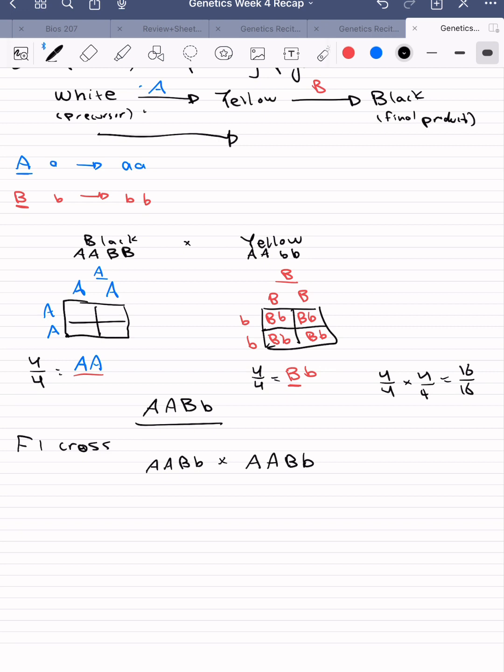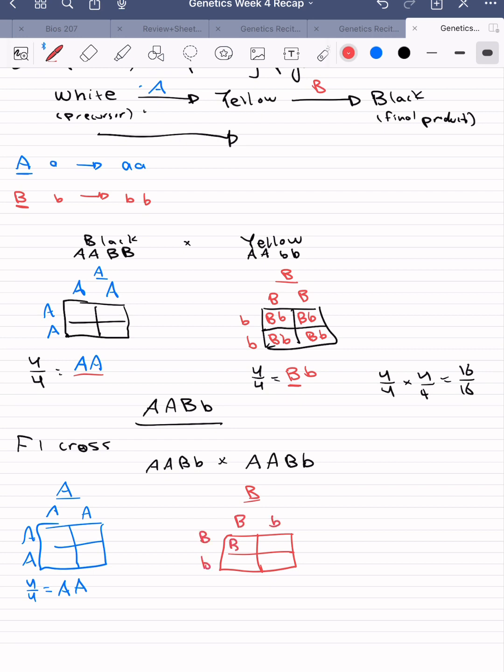So we're going to do the same. We're going to make a Punnett square for each of the genes. We're going to do a cross. So they're all big A. All are still going to come out, 4 out of 4 of them are going to come out with the genotype big A at the A gene. Now, at the B gene, if we were to perform a cross, we know that they're heterozygous.